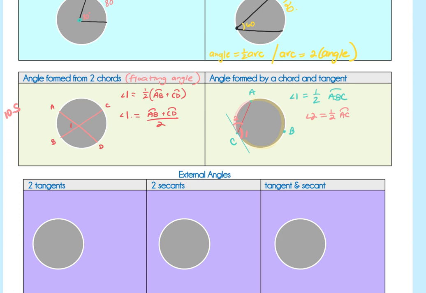Okay, then came the exterior angles, and there were 3 different cases with the same formula. 2 tangents, 2 secants, or a tangent and a secant. And in all of these cases, it is big arc minus little arc divided by 2.